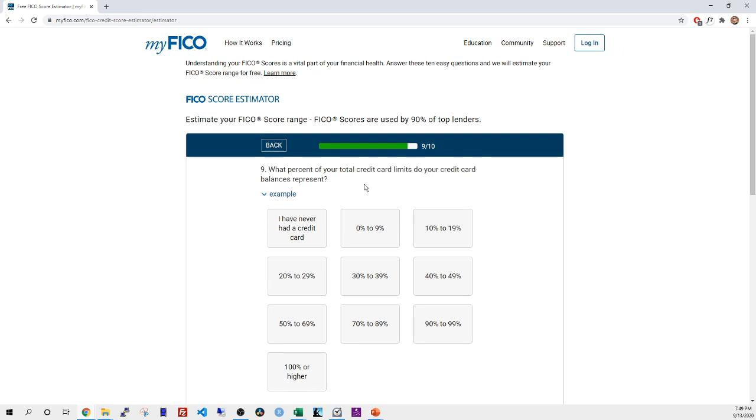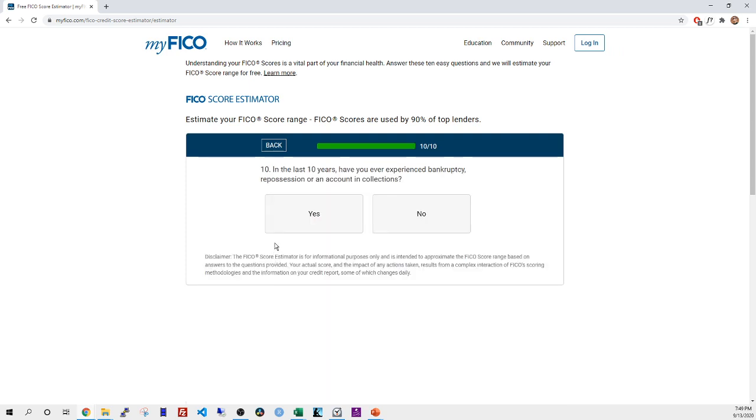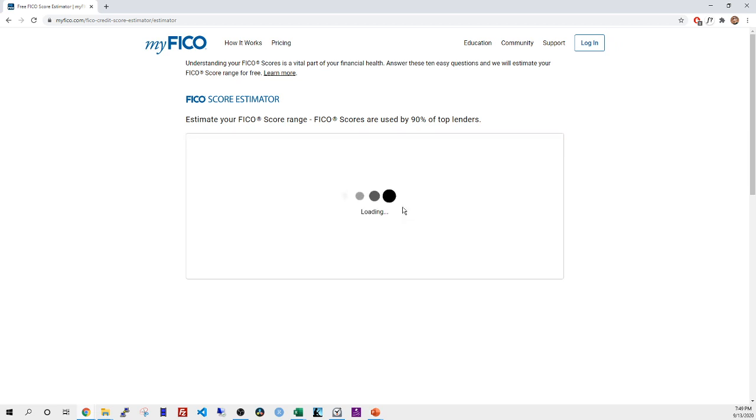What % of your total credit card limits do your credit card balances represent? Let's say that I have a small balance and I have a large credit limit. So this is between 20 to 29%. Finally, in the last 10 years, have you ever experienced bankruptcy, repossession, or account in collections? No.